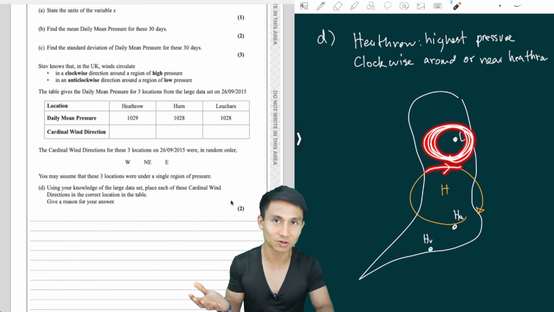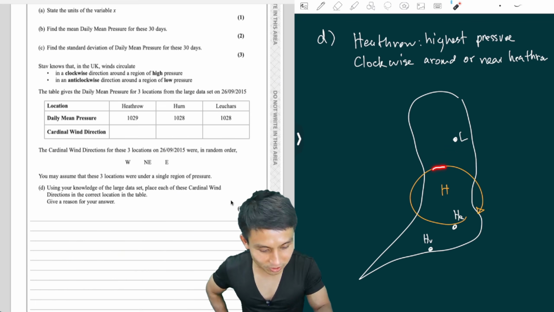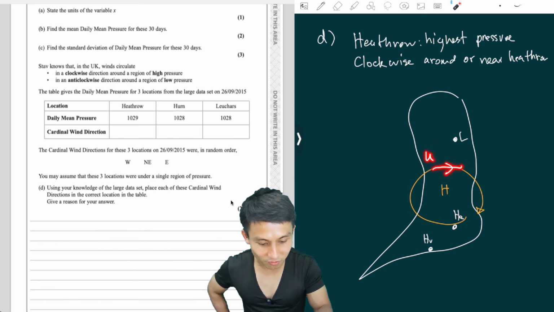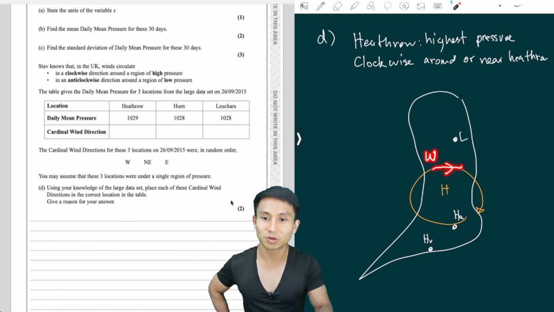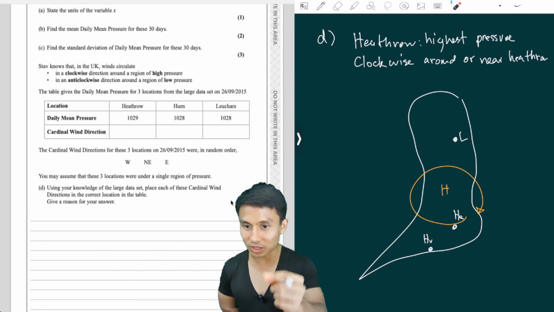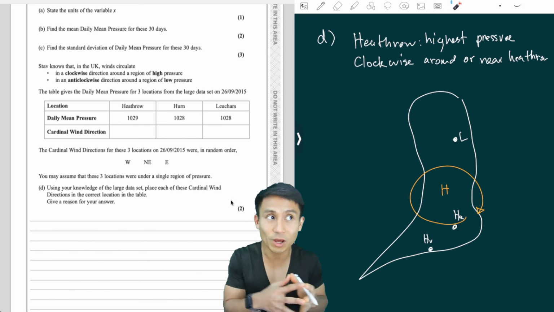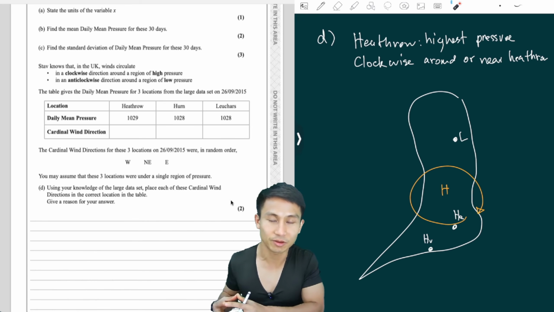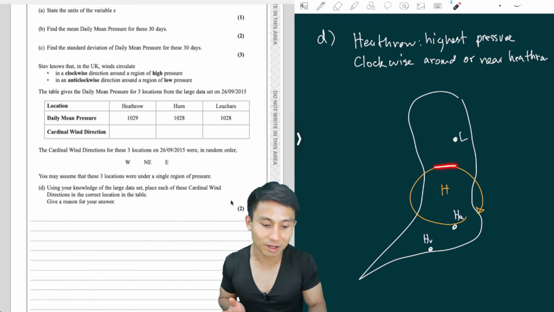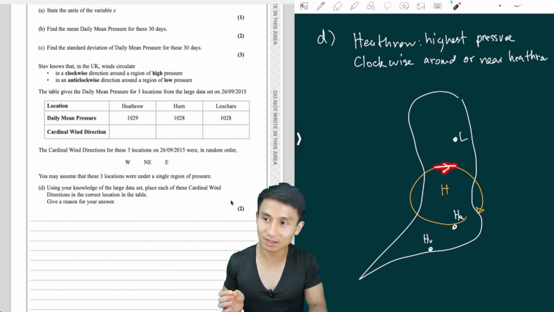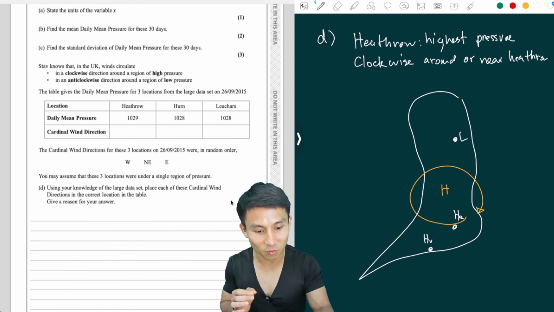That's the best we can do. So it will be going to the right, and that is coming from the west, because the wind direction we are using is the direction from where the wind comes from. It seems to have come from the left near Lucas, so we fill in the west.